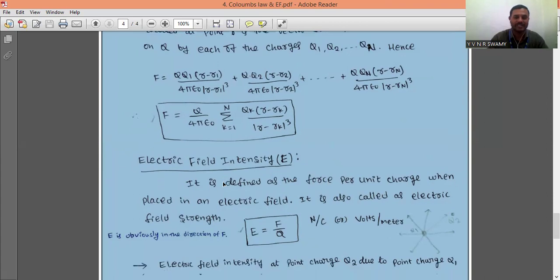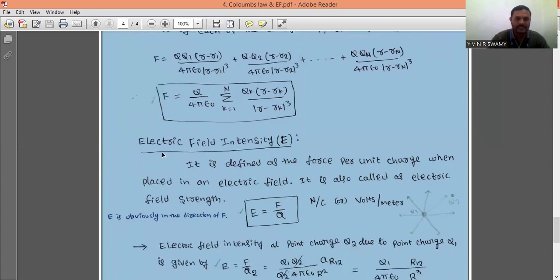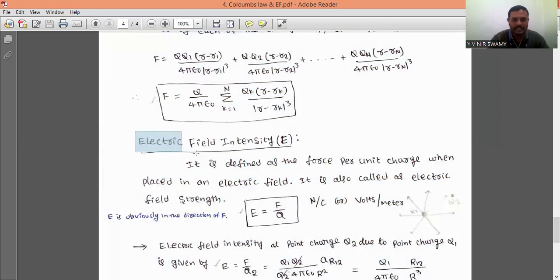So now we'll see that definition. Electric field intensity is defined as the force per unit charge when placed in an electric field. This electric field intensity is also called electric field strength.